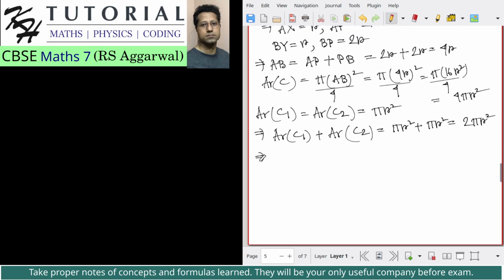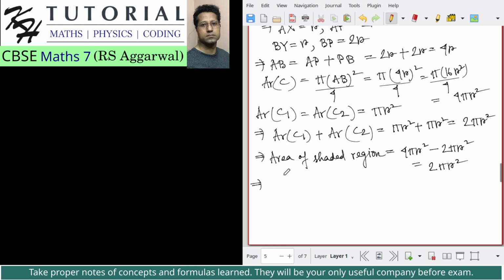So this implies the area of the shaded region will be equal to the area of the bigger circle, which is 4 pi r square, minus the total area of the two smaller identical circles, which is 2 pi r square, which is equal to 2 pi r square.